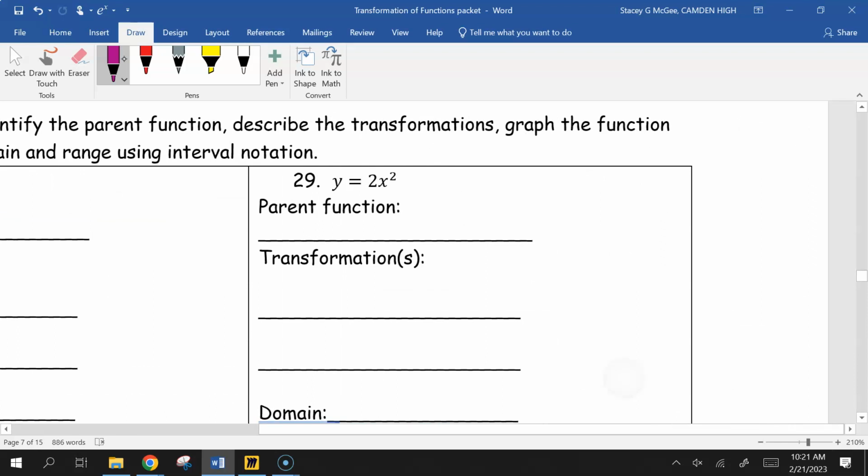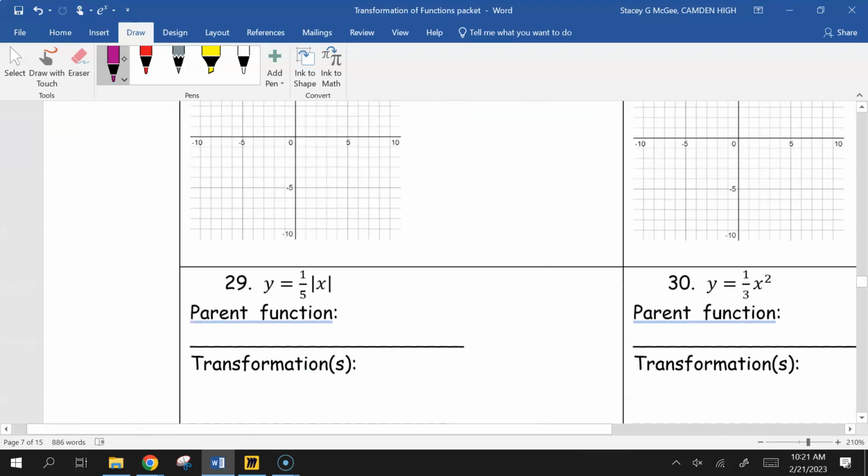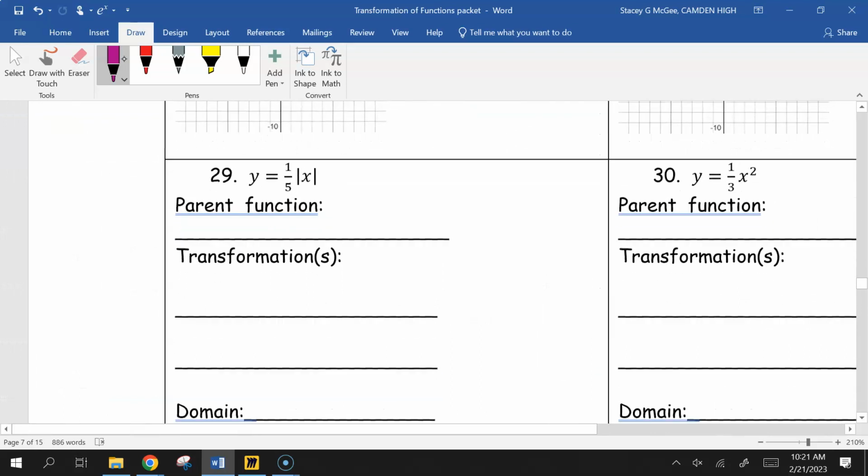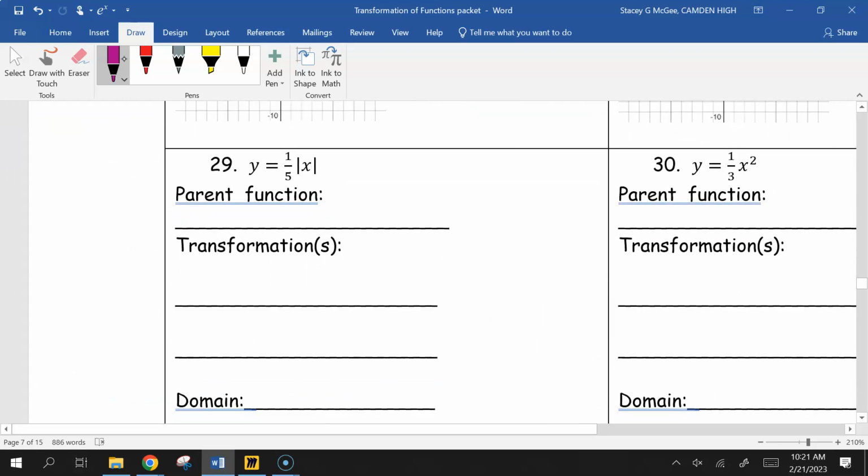Which 29, the first one or the second one? Okay, here's where you're going to really need your little green sheet. Your green sheet's going to help you immensely. First thing, obviously parent function, we know absolute value of x, right? What transformations are happening?